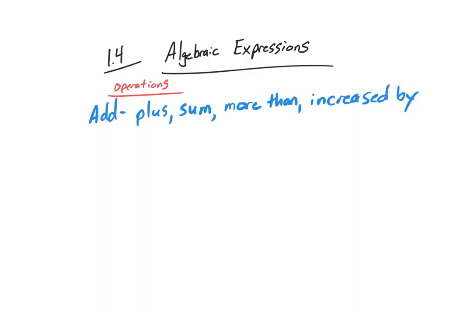And then obviously subtraction is going to be kind of just the opposite of some of those. Minus is the word we see a lot of times. The answer to a subtraction problem? Difference.